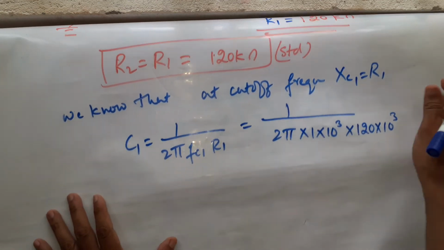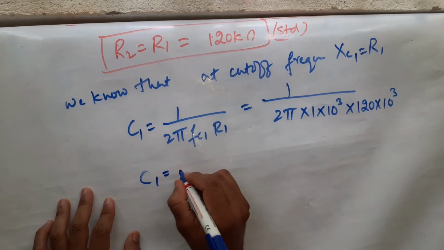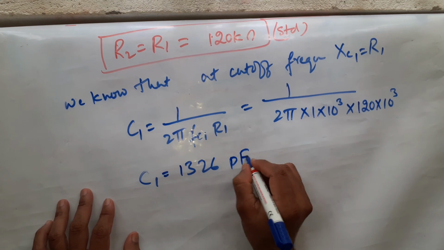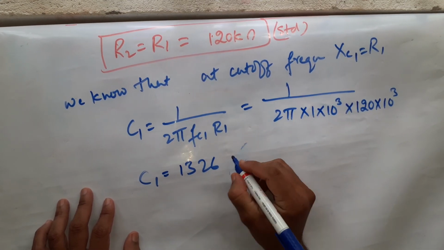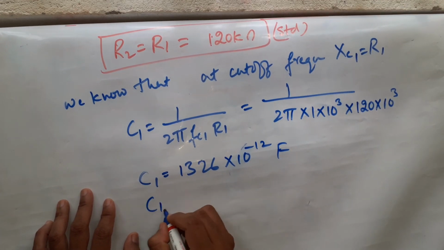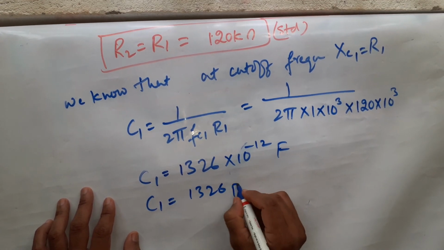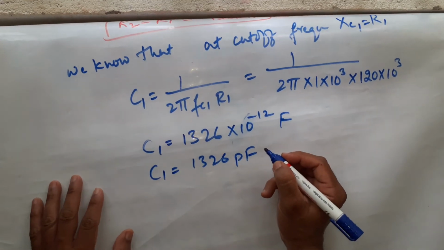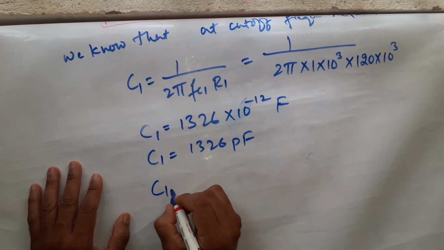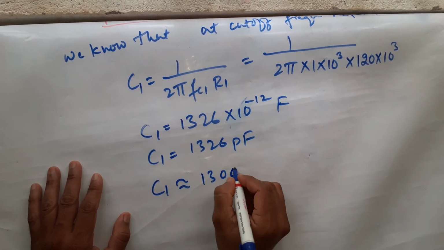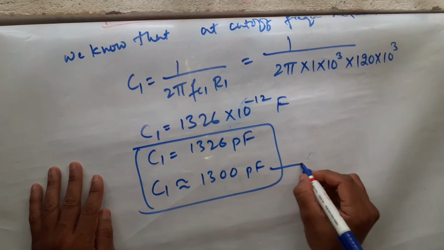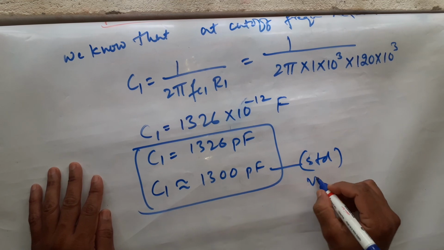Okay, so you will finally get C1 equal to 1326 picofarad, means it is coming out to be 10 raised to minus 12 farads. That is C1 equal to 1326 picofarad. Now once again we don't have 1326, we have 1300 picofarad as standard value.